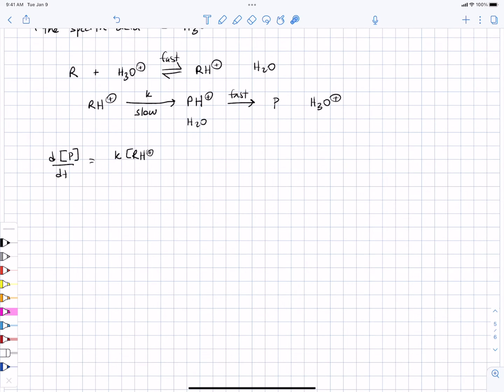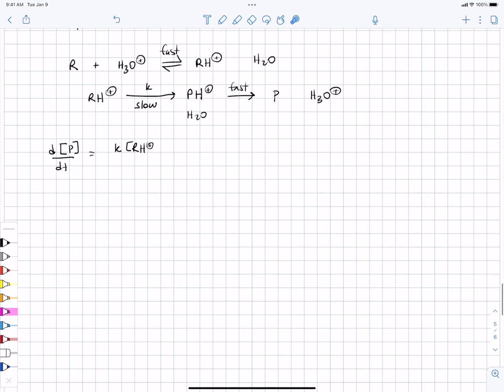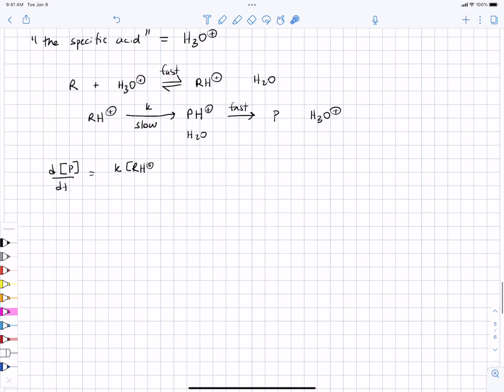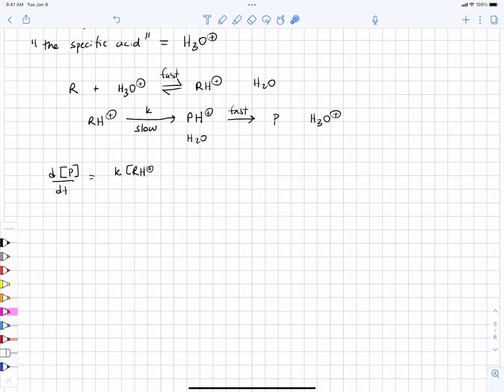And so we can use the expression for Ka for this equilibrium. Remember, Ka equals H3O+ times R over RH+, right? That's the acid dissociation constant.